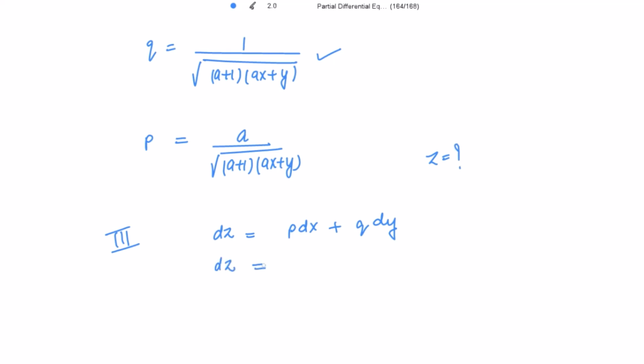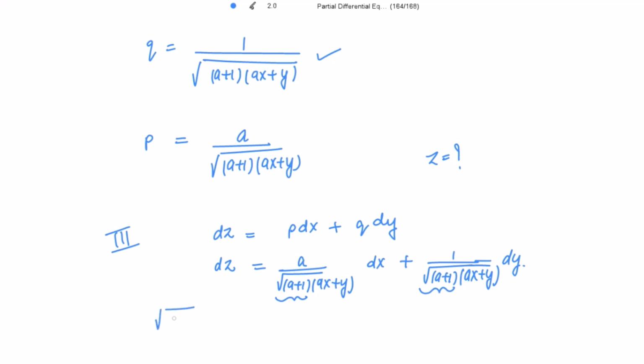So dz is equal to p, that is a divided by square root of a plus 1 into ax plus y, dx, plus q, which is 1 divided by square root of a plus 1 into ax plus y, dy. Square root of a plus 1 is constant, so we can take it to the other side. Square root of a plus 1 dz equals a divided by square root of ax plus y dx plus 1 divided by square root of ax plus y dy.